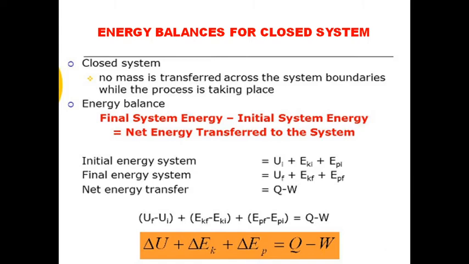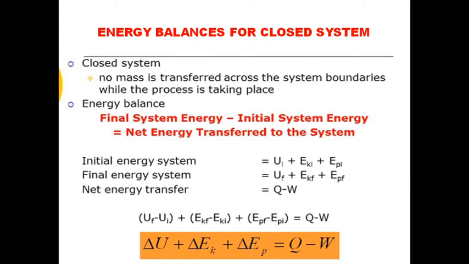Are you clear? Okay. So what is the initial system energy? Internal energy plus kinetic energy plus potential energy. Capital U is equal to internal energy. Capital E suffix K is equal to kinetic energy. Capital E suffix P is equal to potential energy. Are you clear or not?